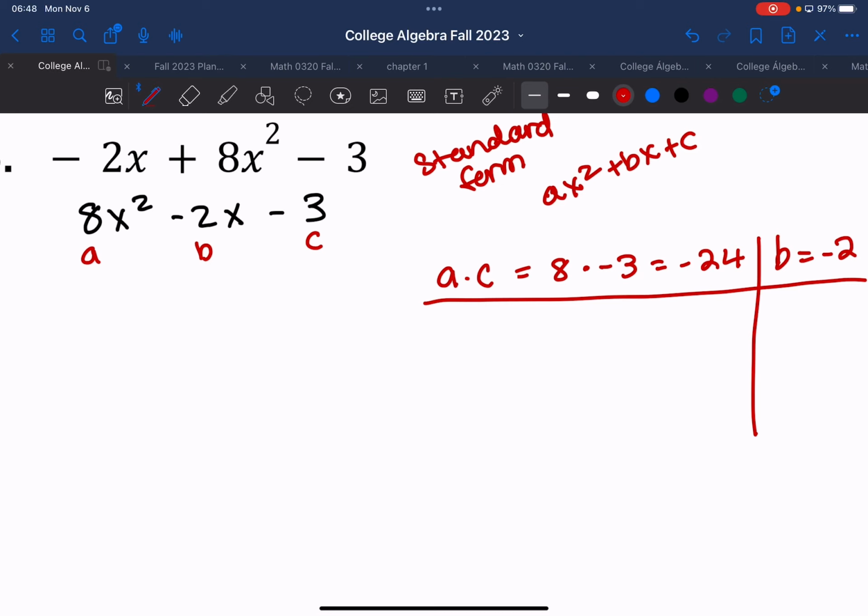Okay, so now we need two numbers that multiply to negative 24, but add to negative 2. Any ideas? 4 and 6, but which one's going to be negative? The 6. So negative 6 times 4 gives us negative 24, and negative 6 plus 4 gives us negative 2.